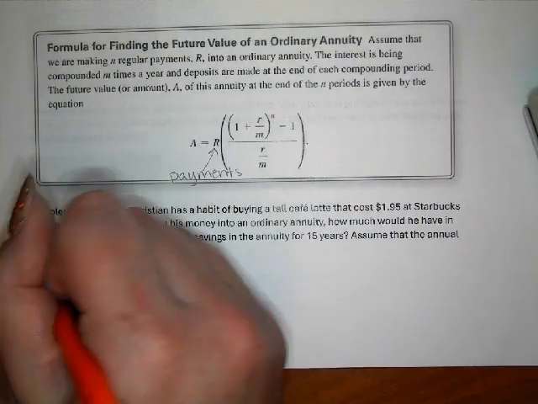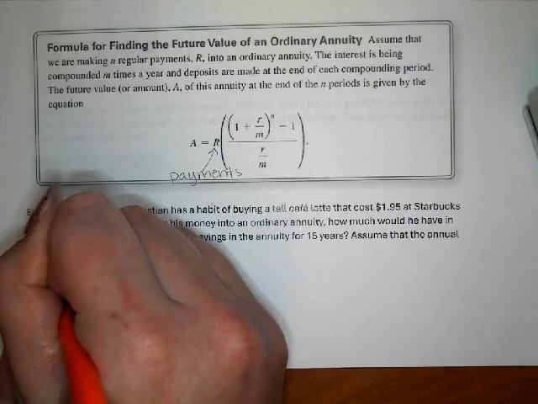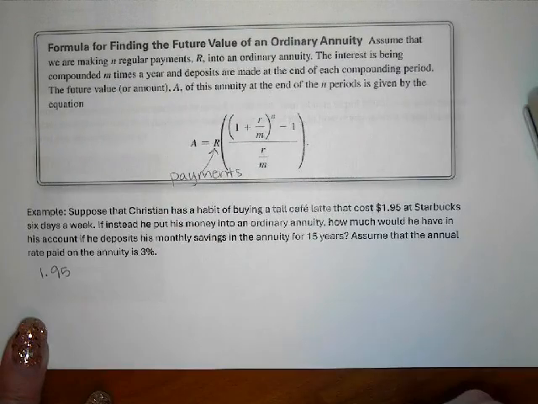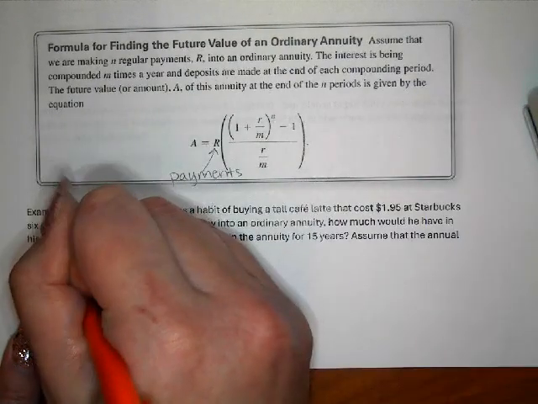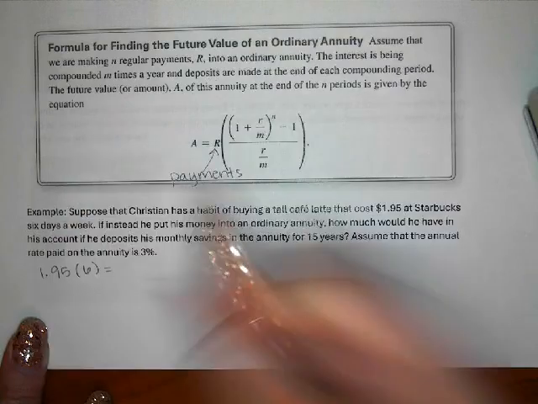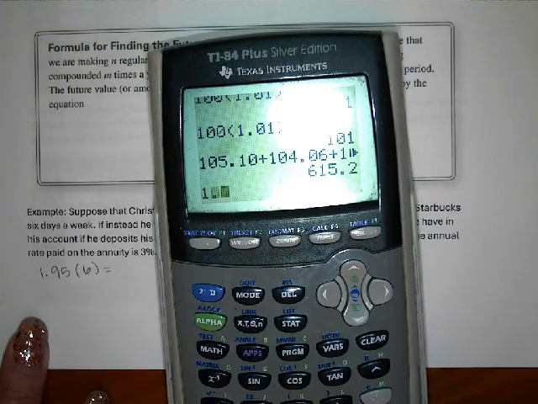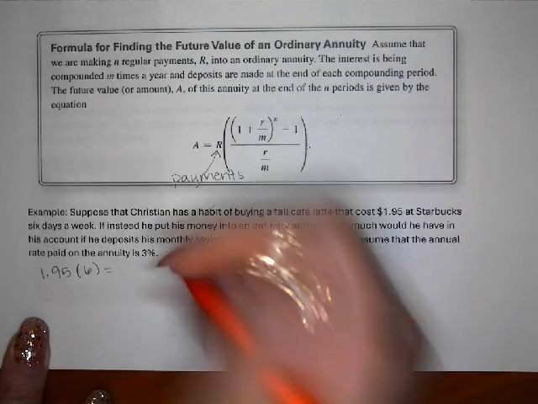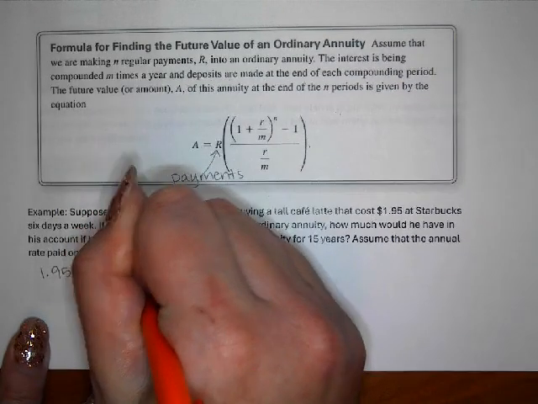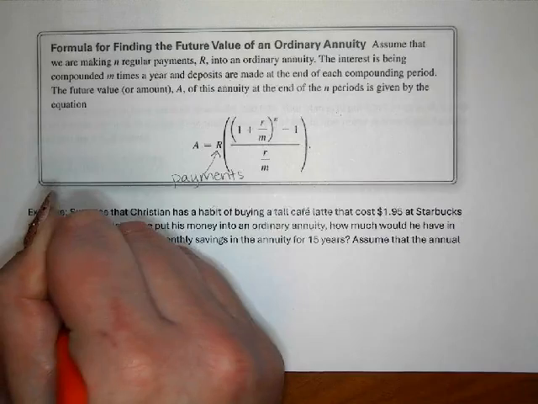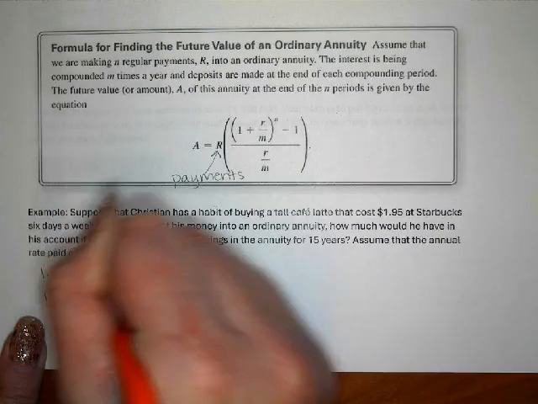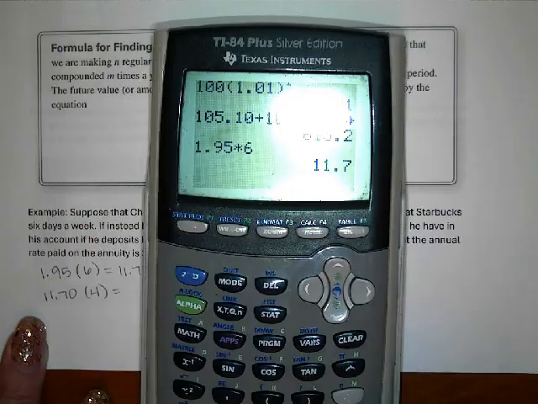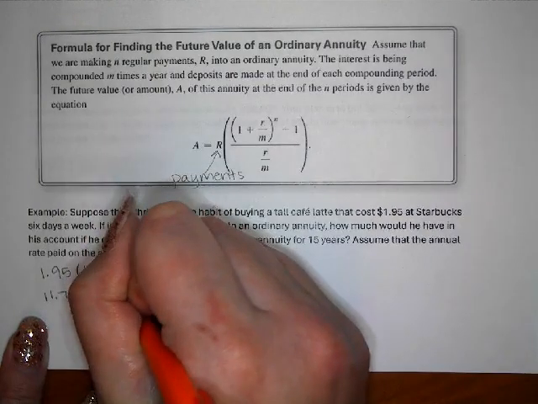It would be $1.95 per latte, 6 days a week, so times 6. So this is for 1 week: $11.70 per week. And then there are 4 weeks in a month: $46.80 per month.